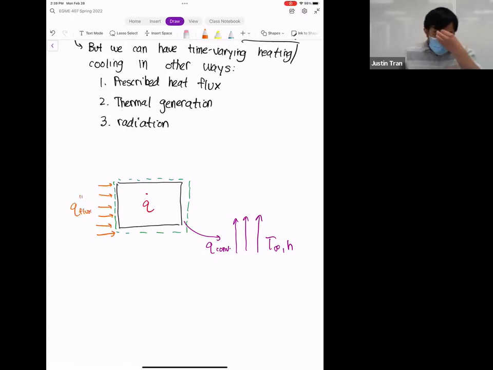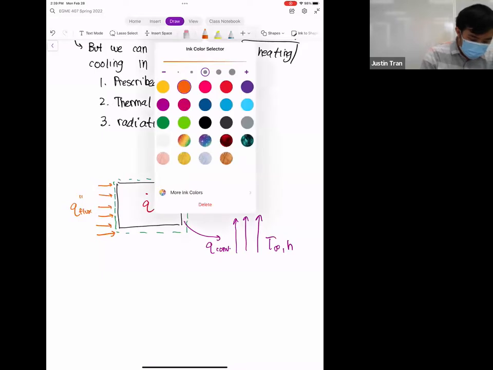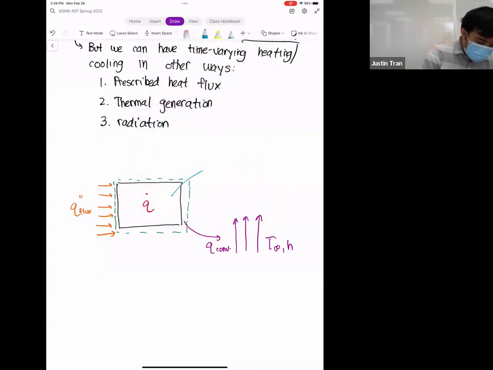And so we'll call that q flux double prime. Right, and we can also have heat loss or heat gain through radiation as well. Okay. And typically radiation is the way we denote it is, we put like a corner of the room with it.